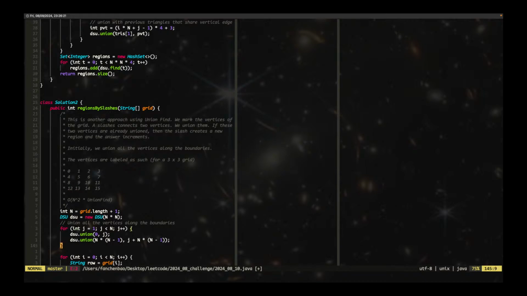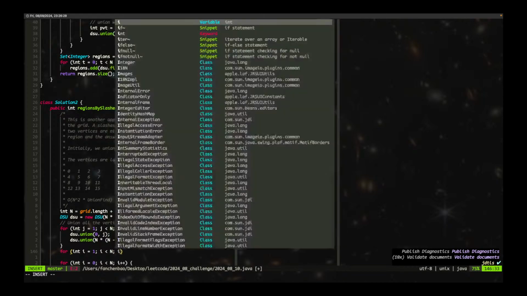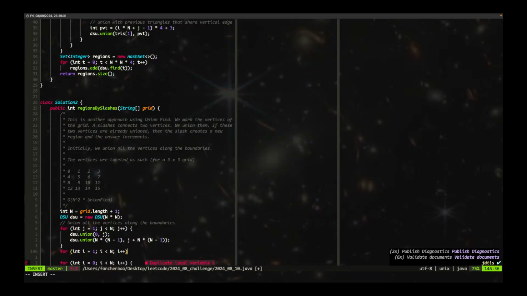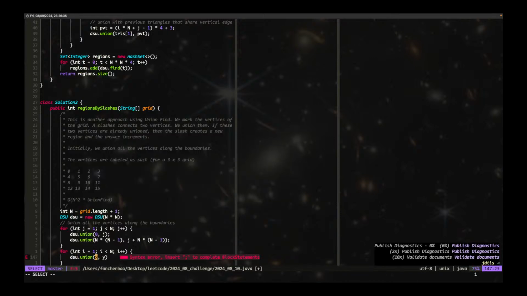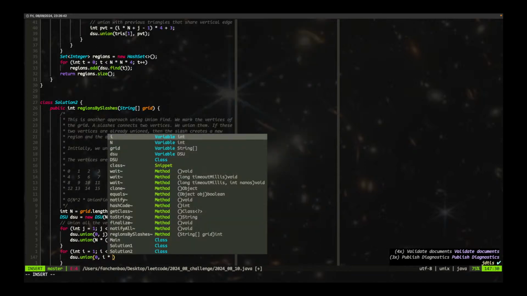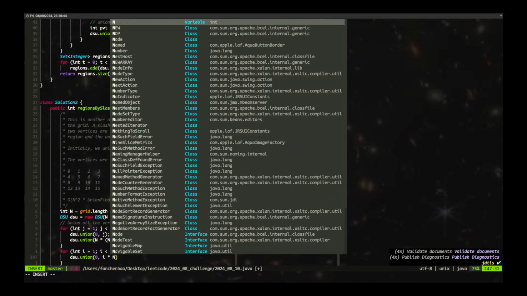Okay, and then we do the column. i equal to 1, i smaller than n, i plus plus. dsu.union, again 0, my first one will be i times n, right?